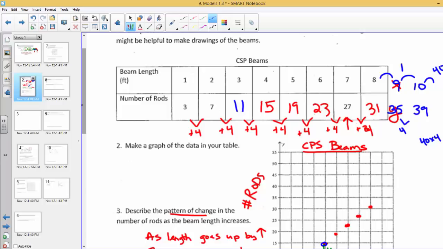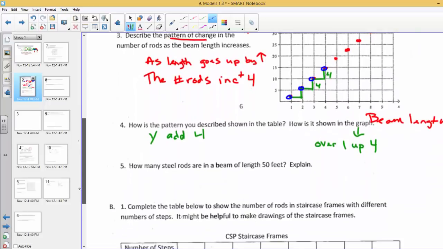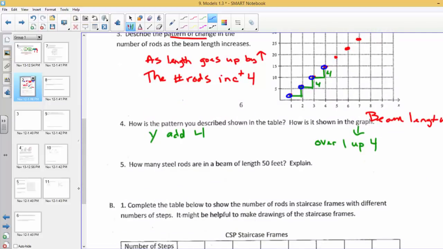So that's one method. The other method is to go back and find your 0 and to write an equation. Now, you did this last year, if you remember. So to go back and get your 0, you would have to subtract 4, because from here to here, you add 4. So 3 minus 4 is negative 1. Now, if you remember, y equals mx plus b.